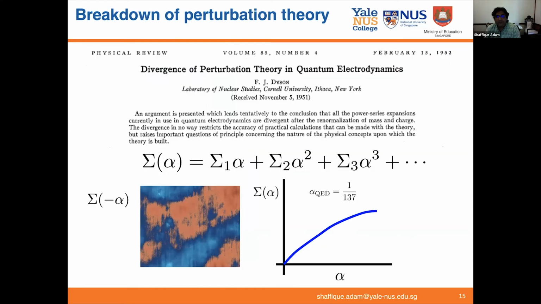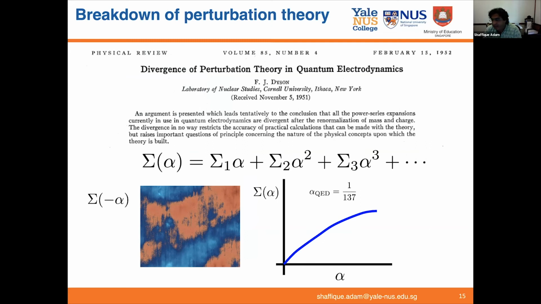There's also work that goes back to the 1950s by Freeman Dyson. He was interested in quantum electrodynamics, and he wrote a very short paper, I think one page, where he basically says he's going to present an argument to show that QED is uncontrolled.